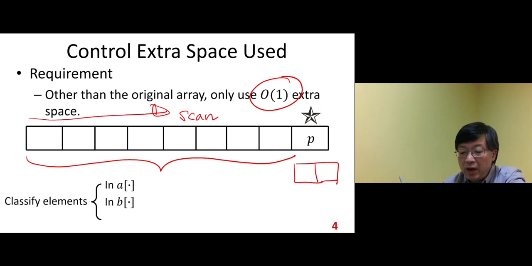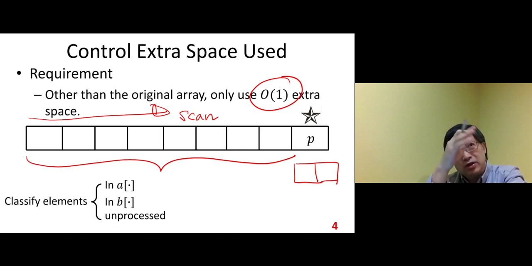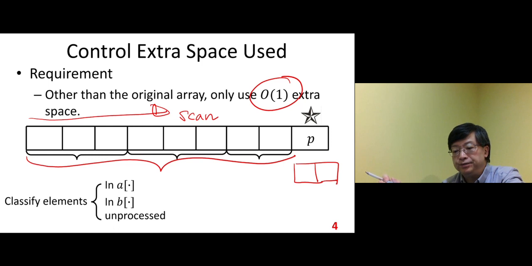The second case: placed in the B subarray. The third case: unprocessed, we haven't processed it yet. So we use these three different statuses to characterize all the array elements.